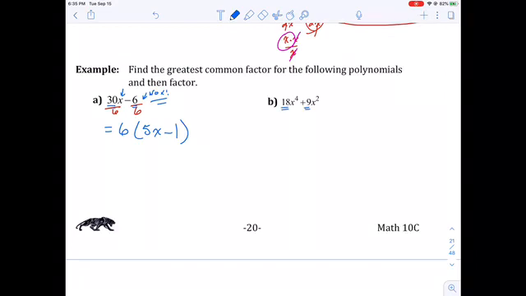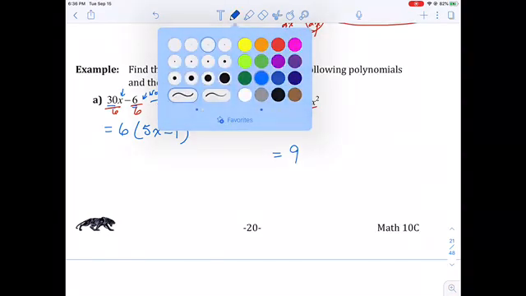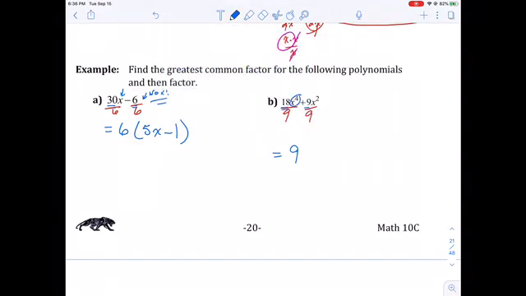Let's look at the next one, 18x to the 4 and 9x squared. 9 goes into both 18 and 9, and when I divide that out, let me just move this down a little bit, we're going to divide out 9. Let's look at the letters as well. In this case, I've got x times x times x times x, and we've got x times x here. So what's common? X squared.